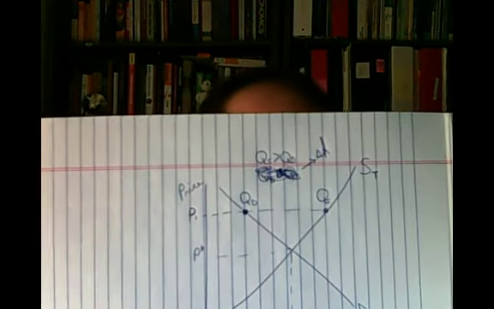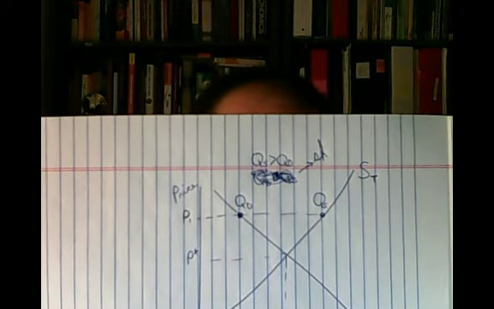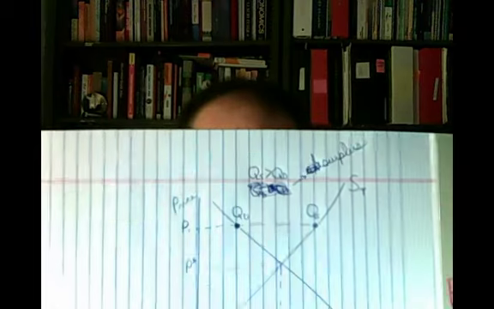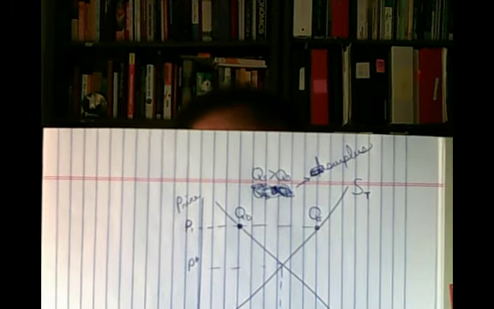It's not that quantity demanded is greater than quantity supplied. It's the other way around. That quantity supplied is greater than quantity demanded. Now, what we would call that then is a surplus, right? There's more stuff being produced than there is being purchased.